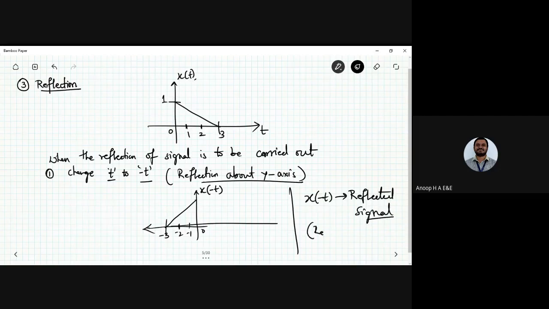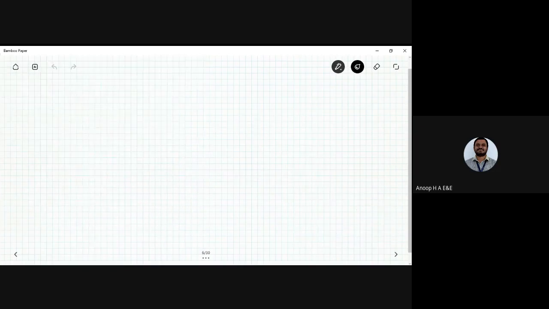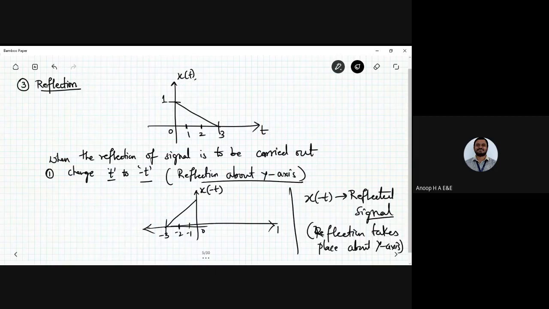So reflection takes place about y-axis. That is what you mean by the reflection, the reflection being taken in case of y-axis. You can see that the reflected signal is just like, once you hold a mirror in case of x of t, you will see that the reflection is there along the axis, that is y-axis.